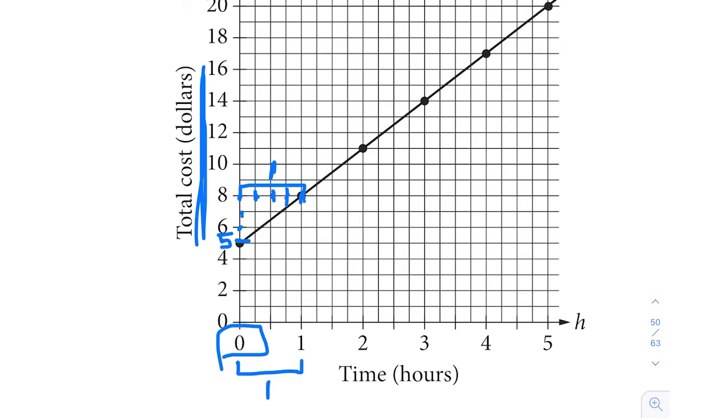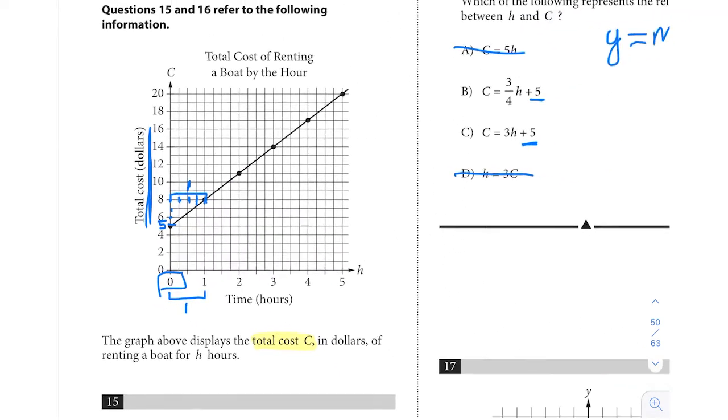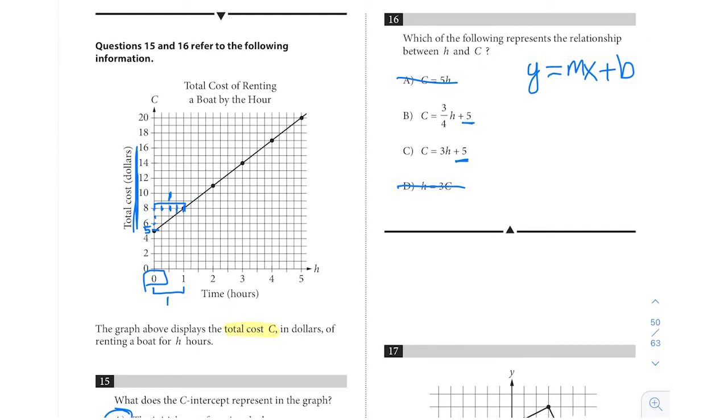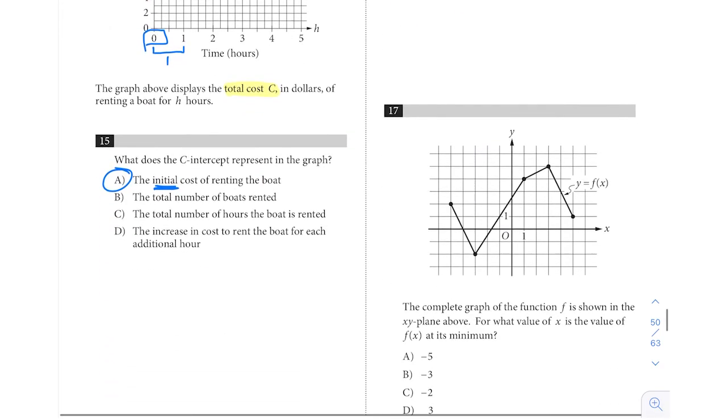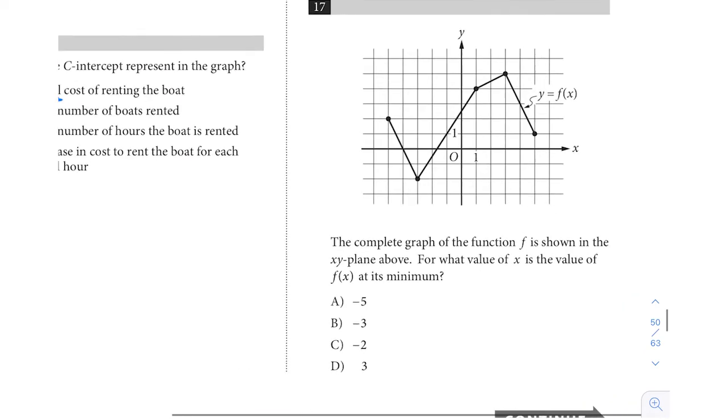So it's 3 over 1 rather than 3 over 4. On a question like this, it's not uncommon that you'll have both options, 3/4 or 3. And remember, it is 3 over 1, answer choice C, because you have to include the scale. You have to look at how many units you go, not just how many tick marks you go on your graph. Up next, let's take a look at question 17.